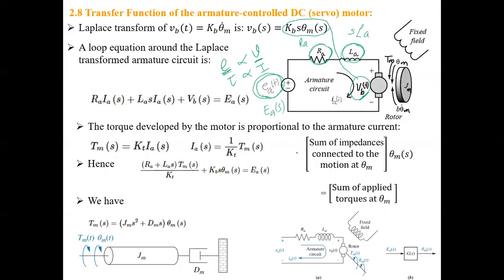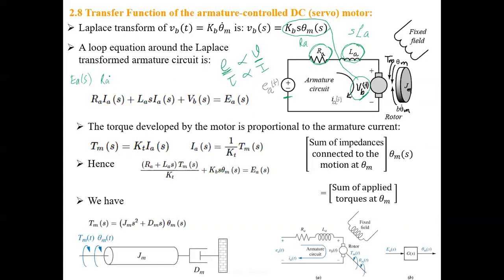Now what can you use around this circuit now? What is the law? Help me here. Kirchhoff's voltage law, right? So let's use Kirchhoff's voltage law. So what do you get here? You start from here, let's say. So you have EAS.